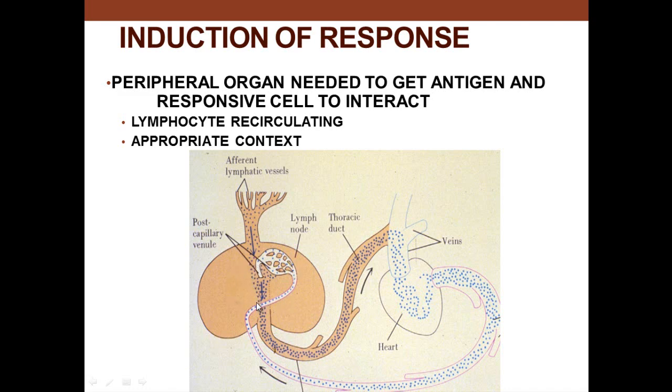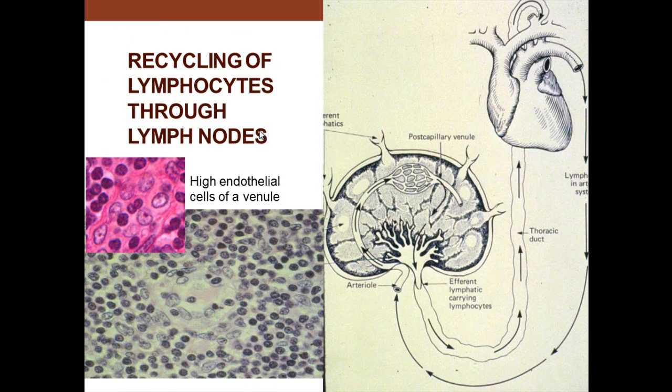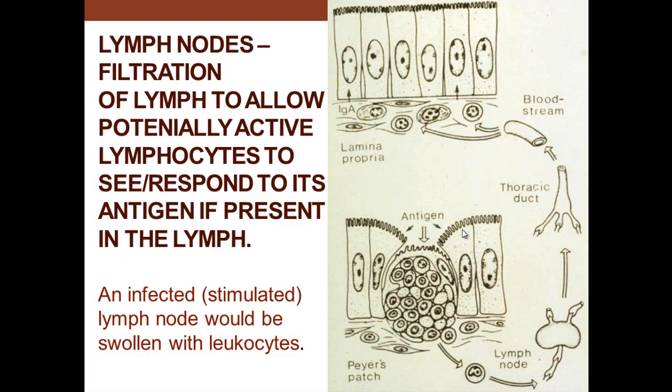If it doesn't, it goes through the efferent lymphatic, back through the thoracic duct, back into the heart and through the bloodstream to recycle and find another one. That's part of the lymphocyte recycling, part of the surveillance system of the immune system. So you have recycling of the lymphocytes through the node, through the high endothelial venules, finally going back to the thoracic duct, heart, and returning to find another lymph node to go through.